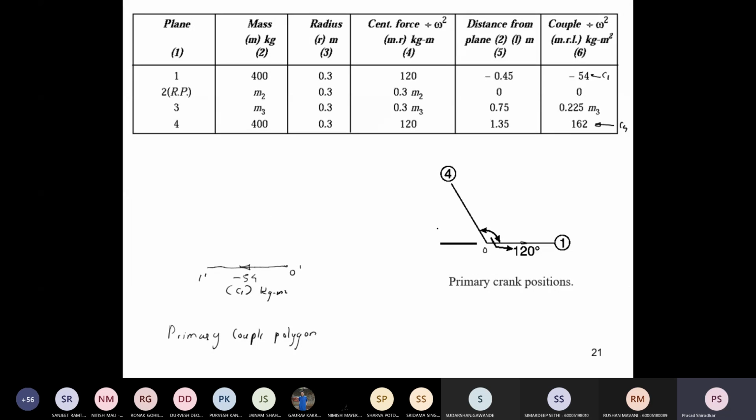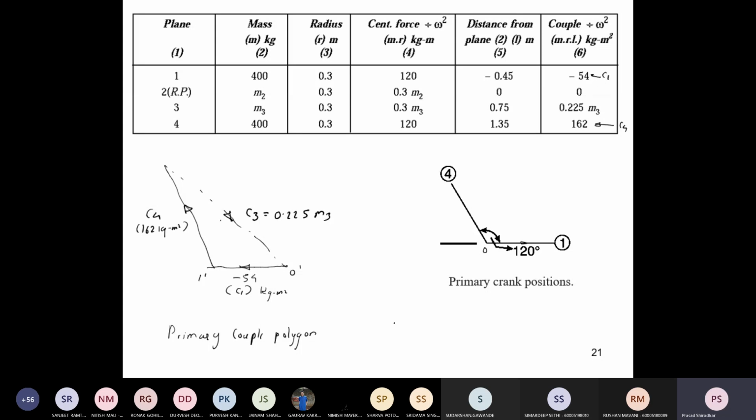And that is the next crank position. Now C4 is positive, so draw it in the direction of O4. So this is your couple C4, that is 162 kg meter square. Once that is done, close the polygon. This dotted line is your C3, that is equal to 0.225 M3 in kg meter square.